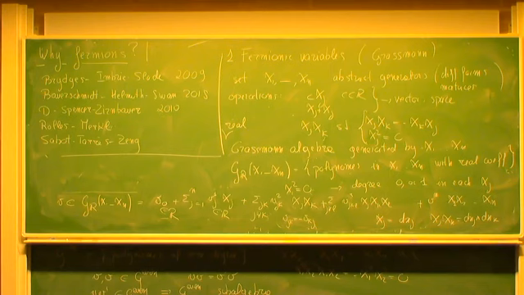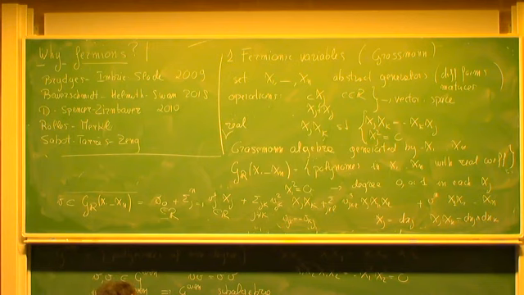I define f of v as a Taylor expansion, sum over n from 0 to k, of the n-th derivative of f computed at v0, divided by n factorial, times n to the n.